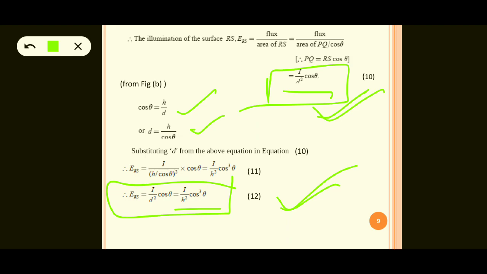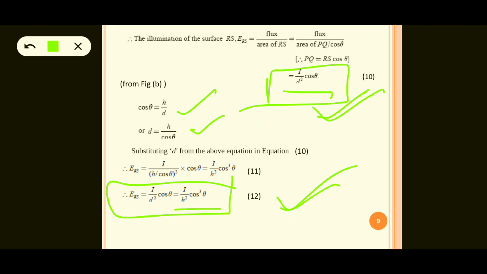Depending on the problem, we can use any one of the formulas, either 10 or 12. Both are equations for the illumination on the surface. Equation 10 is presented in terms of d. Equation 12 is presented in terms of h.